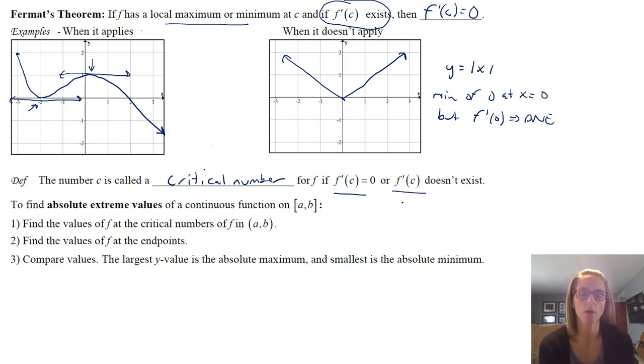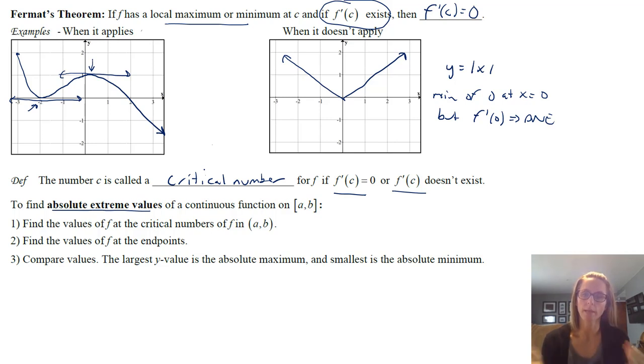So the big point of this section is to find absolute extreme values. And the way that we do that is we find the values of the function at the critical numbers. So that would be anywhere where the derivative is 0, anywhere where the derivative doesn't exist. Then we'd find the values of f at the end points.